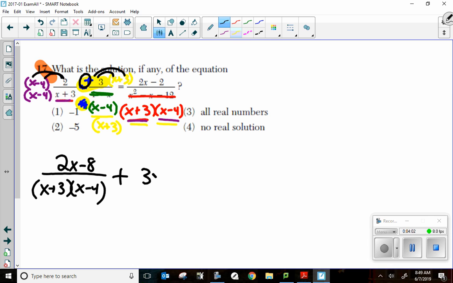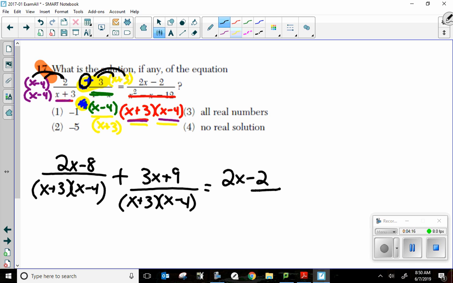I get 3x plus 9 all over x plus 3 times x minus 4 equals. The fraction on the right doesn't change at all. I still have 2x minus 2 all over x plus 3 times x minus 4.